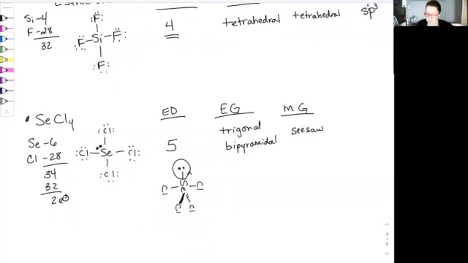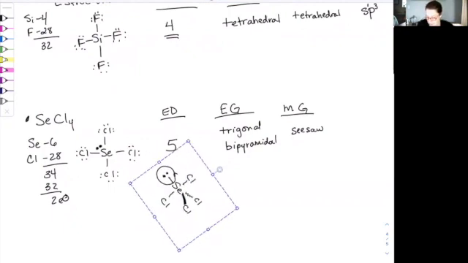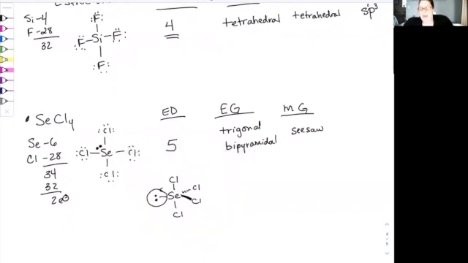If not, it's okay. I don't necessarily expect that you'll be able to say, okay, it's seesaw. What I don't expect you to be able to do just yet is know that this lone pair would be in what we call the equatorial position.